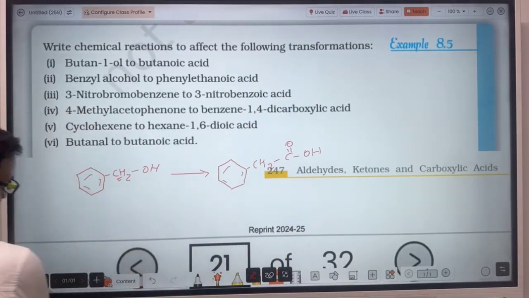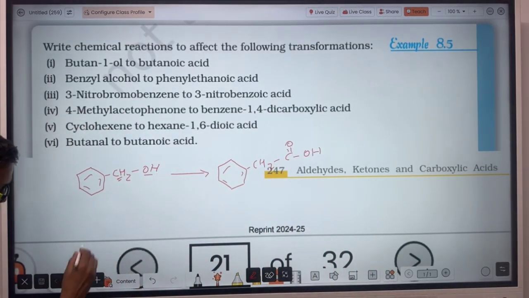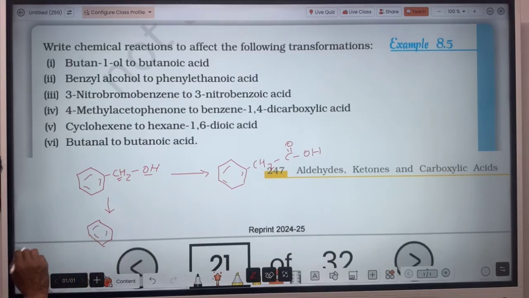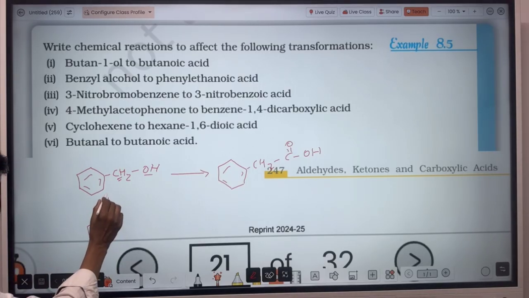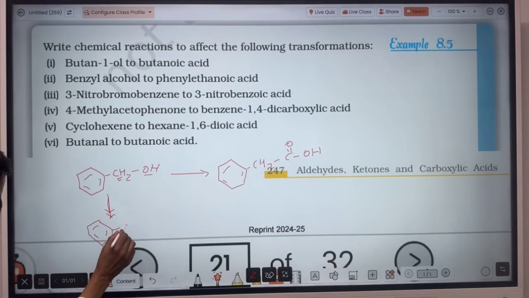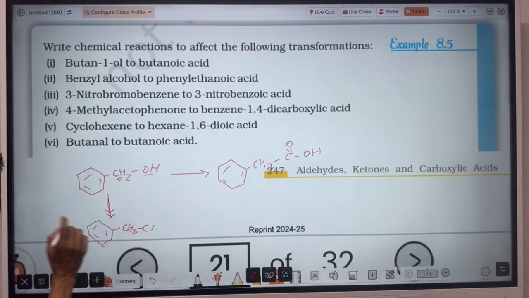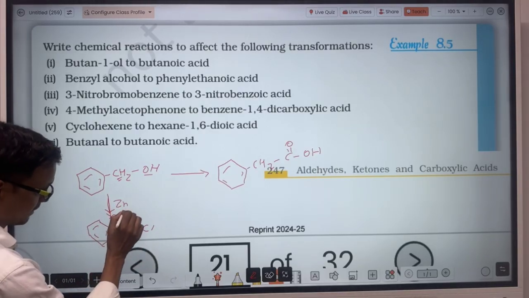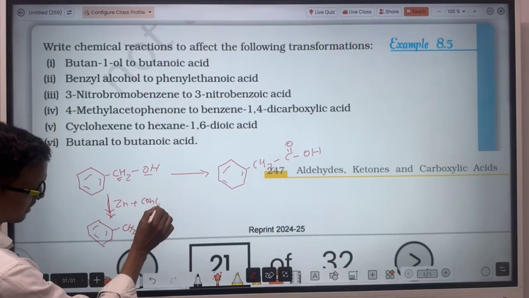So what to do? First of all, convert this compound into haloalkane. And how to convert into haloalkane? By reacting with HBr in presence of ZnCl2 or like that. So I am converting this compound into haloalkane by taking zinc chloride and conc.